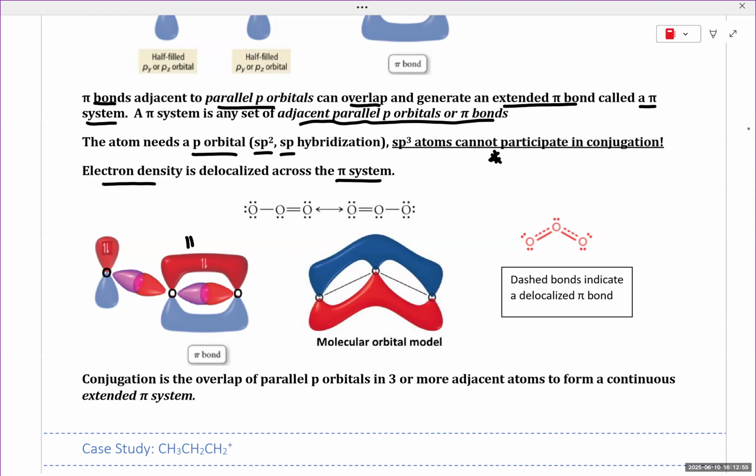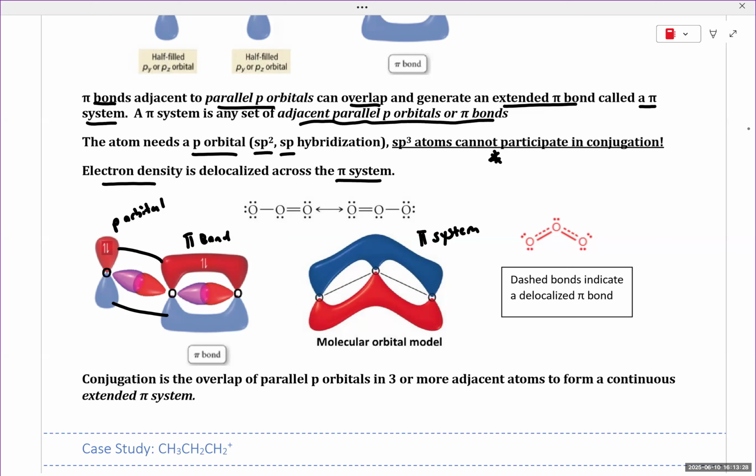So for example here, if we have a pi bond and we have a p orbital, this p orbital is parallel to the pi bond, so we can overlap all of the p orbitals to generate a pi system. As a result of this, we can spread out our electron density across all atoms participating in this pi system and thus stabilize that electron density.